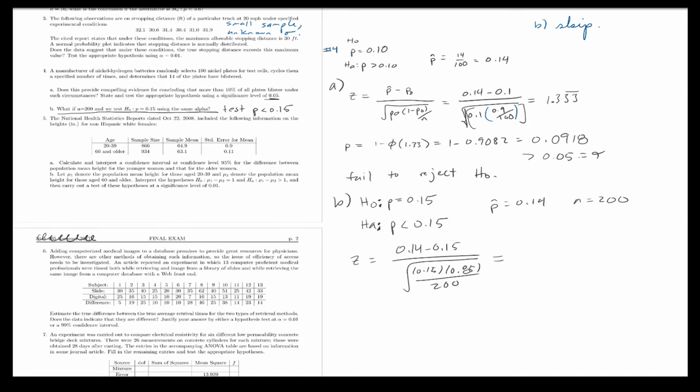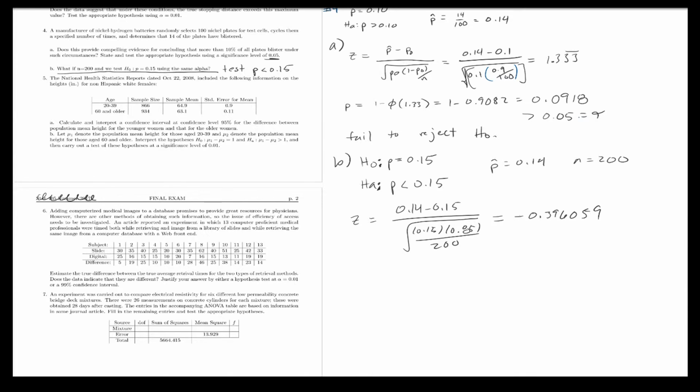So let's see what happens now. 0.14 minus 0.15 divided by the square root of 0.15 times 0.85 over 200. Whoa, not even close. It's going to be negative 0.396059. So p is just going to be phi of negative 0.40.